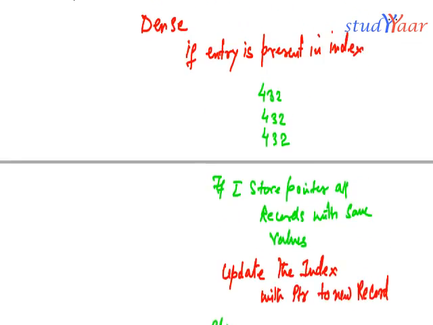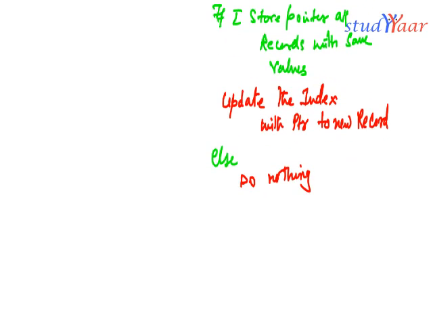Now let's suppose the entry is not present in the index. This is the outer else.